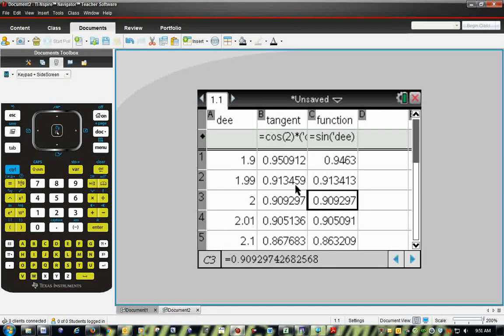Excel had some issues. And I want to say Excel had some issues because it might not work well with the trig functions. So if you're dealing with trig functions, you might want to stay in a calculator, because then you can make sure it's in radians and everything's good to go that way.